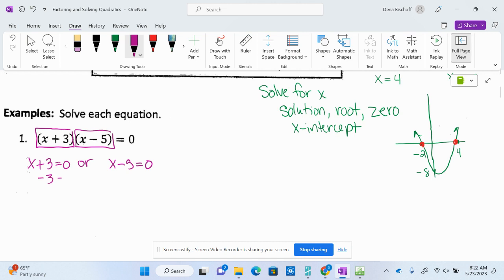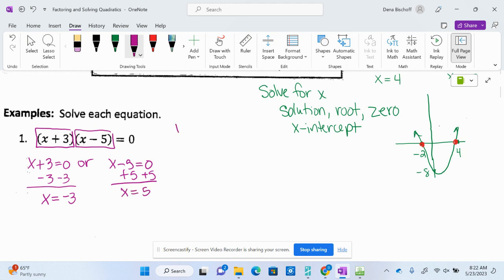When I subtract 3 from both sides, if I have a factor of x plus 3, my solution is negative. If my factor is x minus a number, my root or my solution is positive.